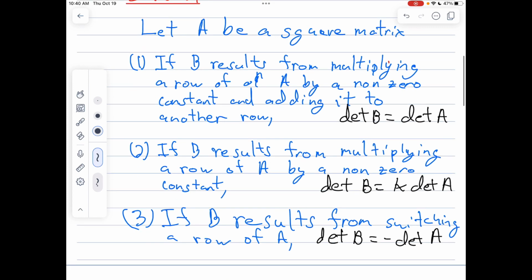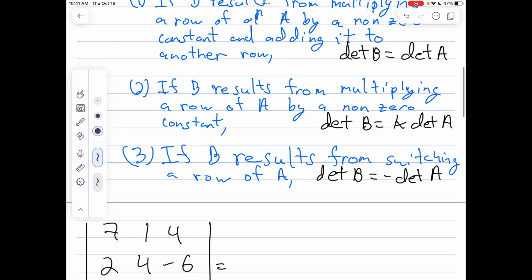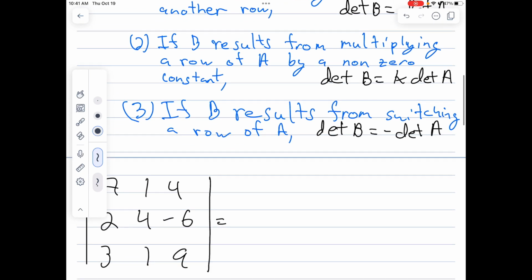The second property says if B results from multiplying a row of A by a non-zero constant, the determinant of B equals that constant times the determinant of A. So if you multiply a row of a matrix by some constant k, then the determinant of that new matrix is equal to the determinant of the original times that constant. We'll get to that. It's easier seen than read out loud here.